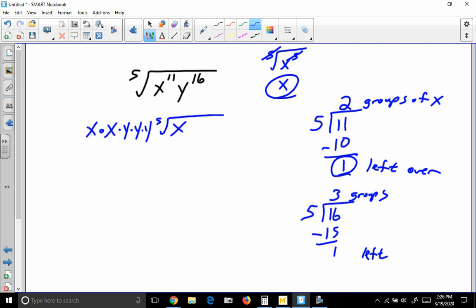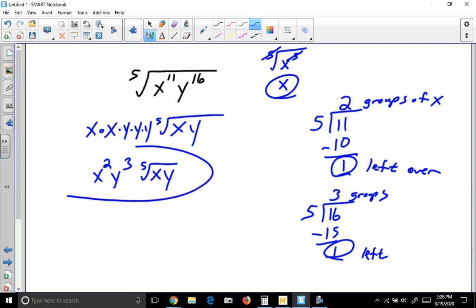And then there's 1 y left underneath. So our final answer is x to the second, y to the third, times the fifth root of x y. Make sure you put the index out here or it's not correct. If we leave that number off, we're saying it's a square root. But this is not a square root, it's a fifth root.